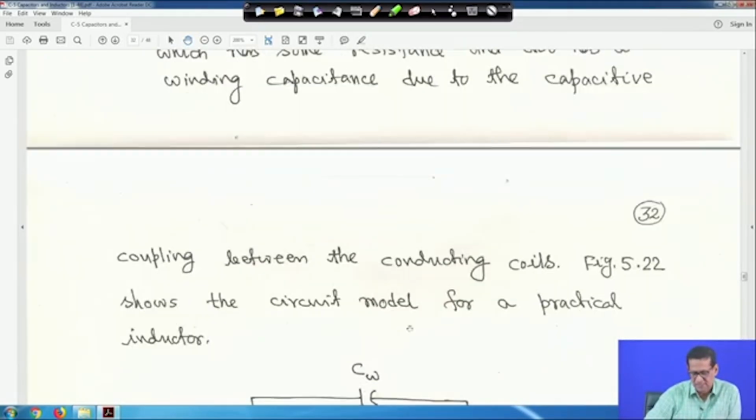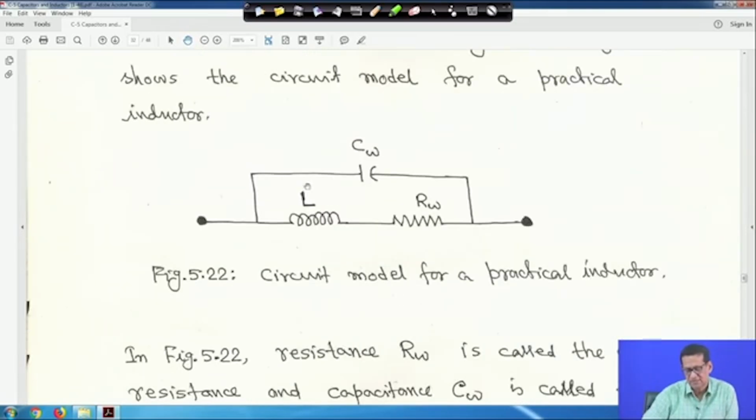So, this is the exact circuit for a practical inductor, where Rw is the resistance of that inductor coil, and Cw is the coupling capacitance between two windings, because so many windings are there. So, Cw is called the coupling capacitor.